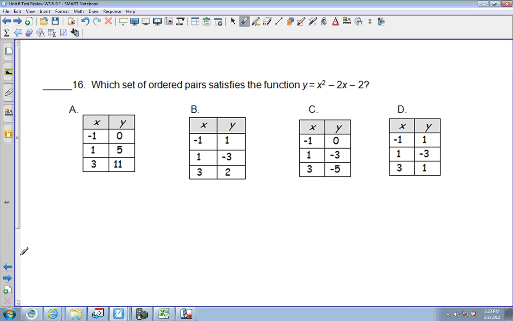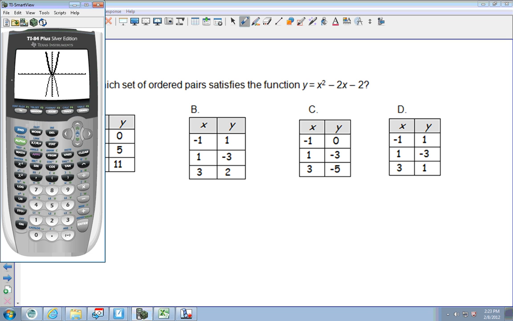Next, which set of ordered pairs satisfies the function? So what I would do, first thing, go in the calculator here. Let's go down, erase that out of there. Let's go up and put x squared minus 2x minus 2 and press second graph. And let's match our tables.